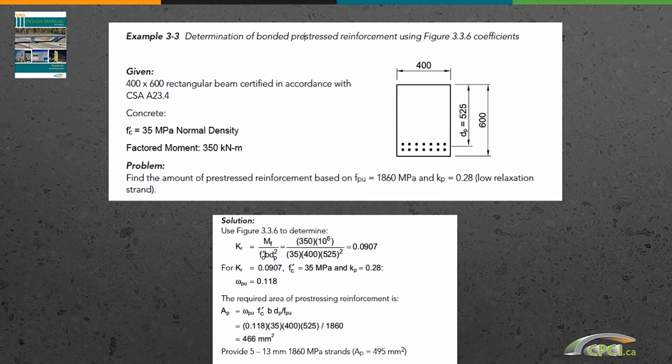Basically the same thing, we calculate K sub R, and then you calculate omega, P sub U, and then after that you find out how much area of pre-stressing strands we need, and we supply it. So the tables that we have in the book are very handy for simple design of pre-stressed and non-pre-stressed flexure members at ultimate limit states.